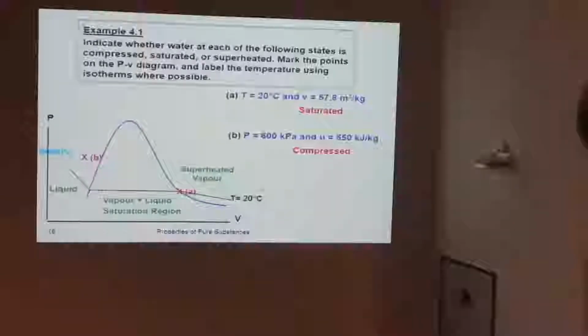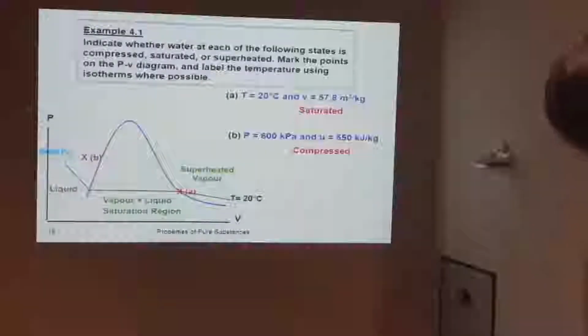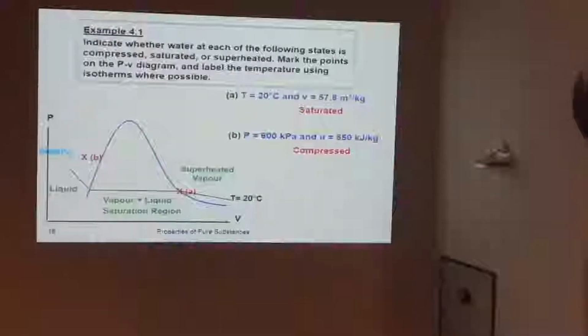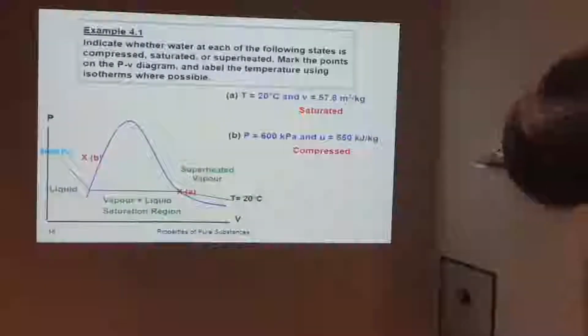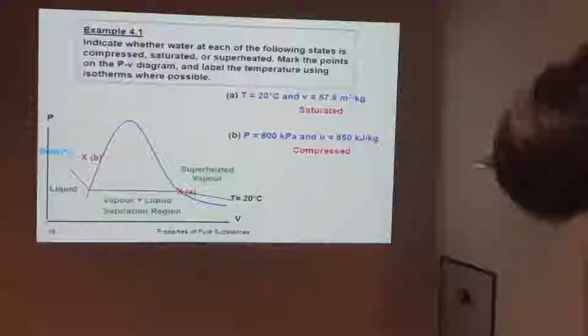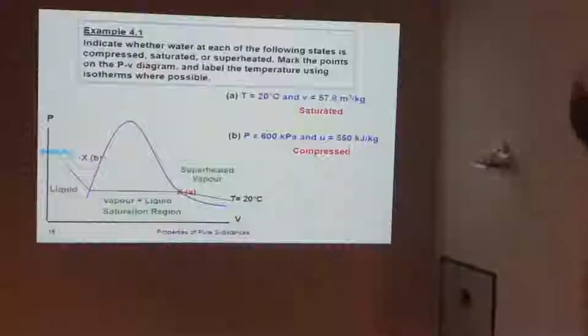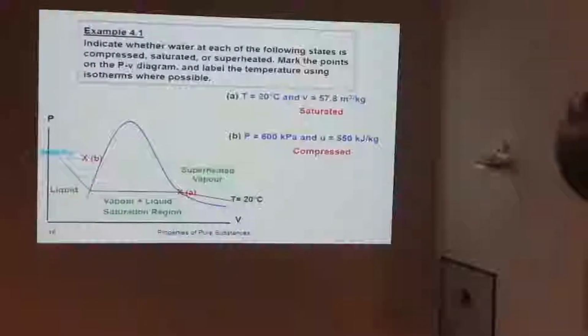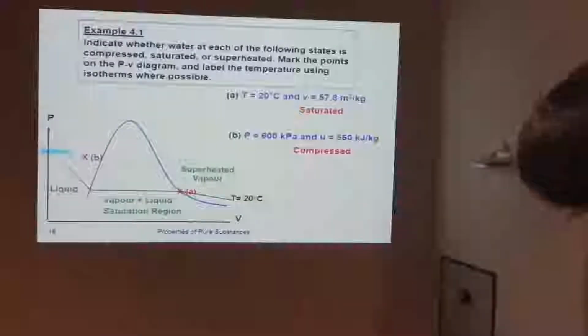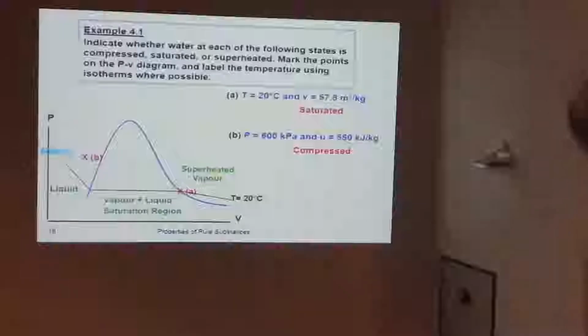So you see here, for T equals 20, you can check what is the corresponding pressure. Should be quite low. If you check for temperature equals 20, the pressure is 0.023, right?